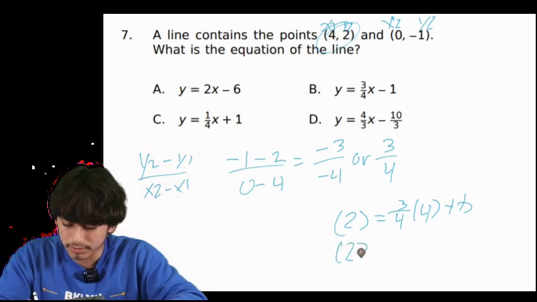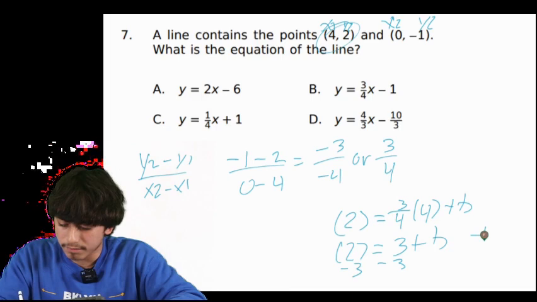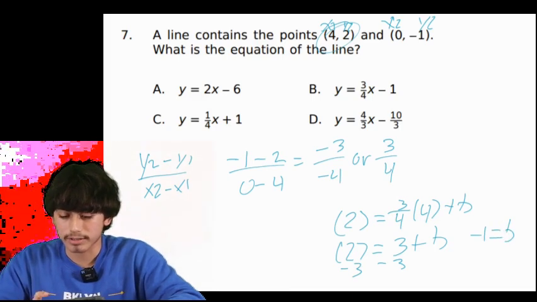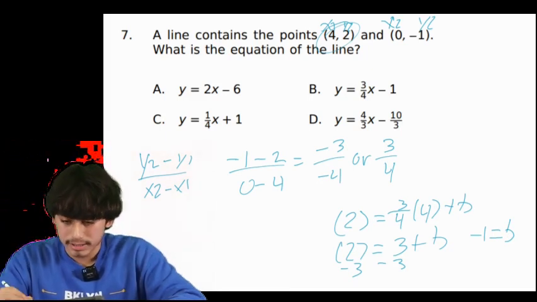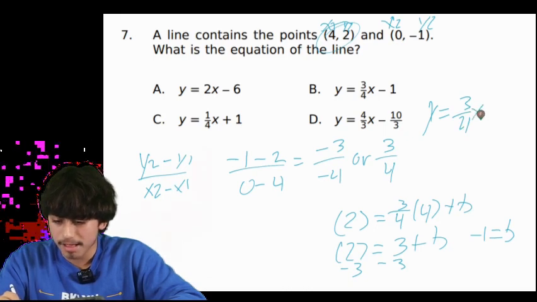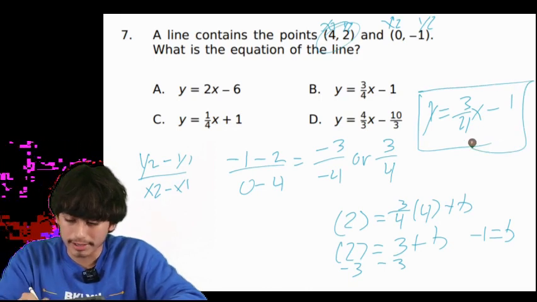So 2 equals 3 plus b. And we're going to subtract 3 from both sides, which is going to give us -1 equals b. So now, since we have the y-intercept and the slope, we just put them together. So it's y equals 3/4 x minus 1, which, if we look at all the answers, is going to be B.